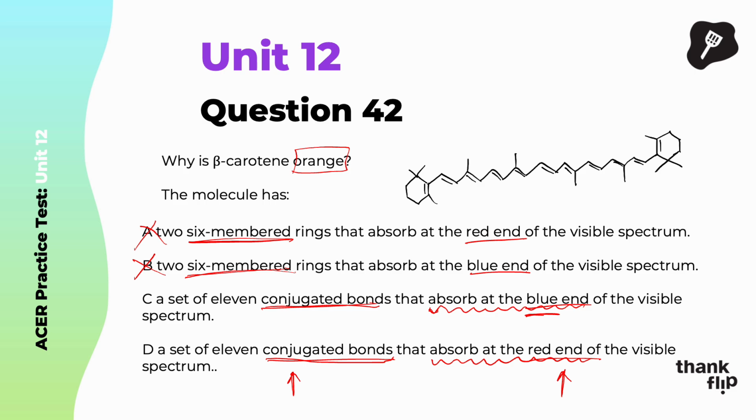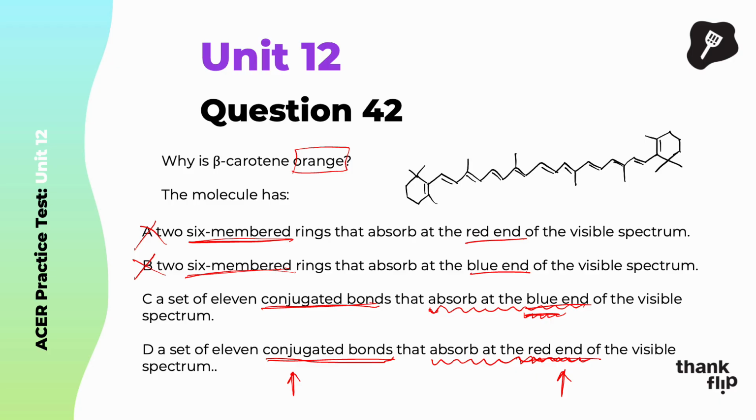Something that's absorbing the blue end of the spectrum is not going to look blue. Same thing here. If something is absorbing the red end of the spectrum, it's not going to look red. It's going to look like anything that's not red.